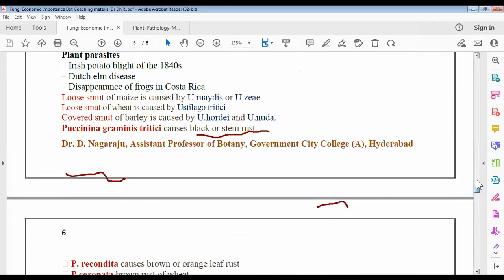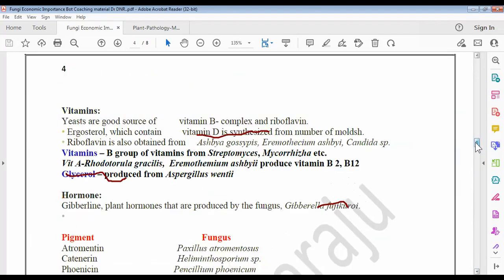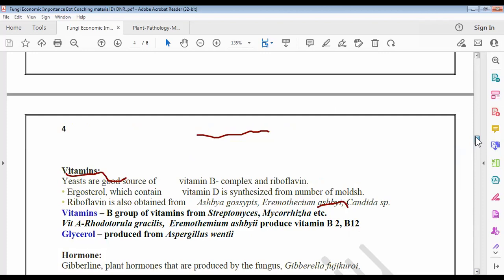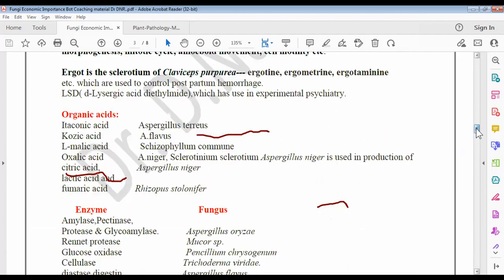From the pomaines, a question is raised. From the mushrooms, a question is raised. From the biotechnological point of view, in the research point of view, which fungi we use, that also a question is raised. From the mycorrhiza also a question is raised. From the enzymes also, there is a chance for questions on enzymes, vitamins, acids.